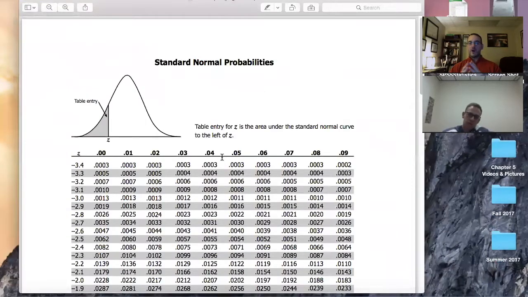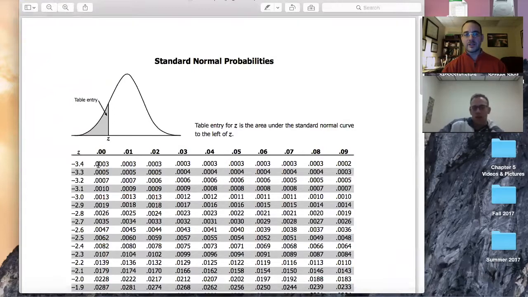So I'm going to have you walk me through this. We just came up with a z-score of 1.83. How do I determine the value under the graph using that z-score? What do I need to do?